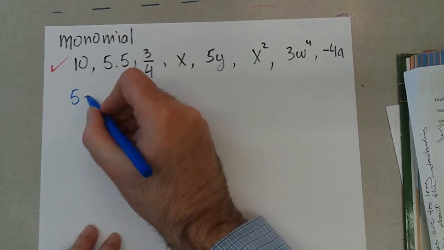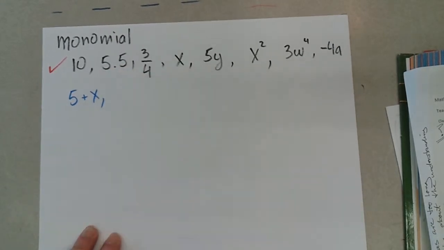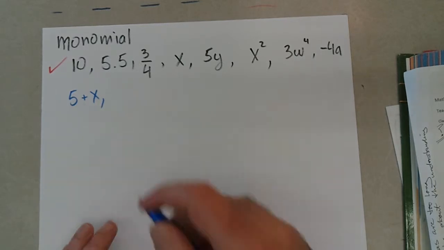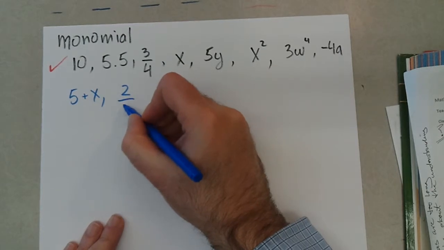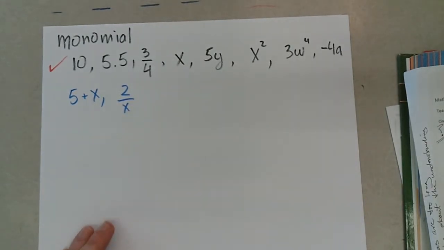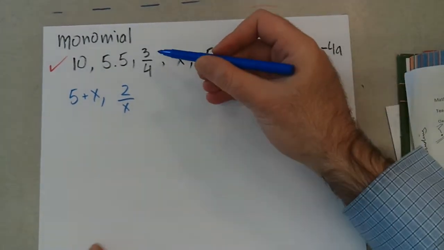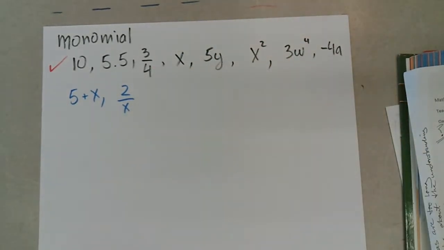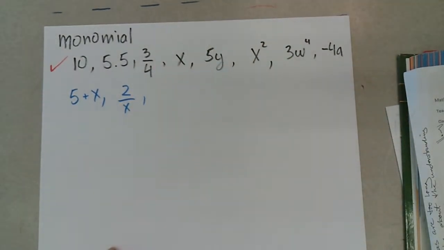This is not a monomial. Can't have sums or differences be monomials. This is not a monomial. A fraction is fine, but you can't have a variable in the denominator. So while a fraction is okay, you can't have a fraction with a variable in the denominator.